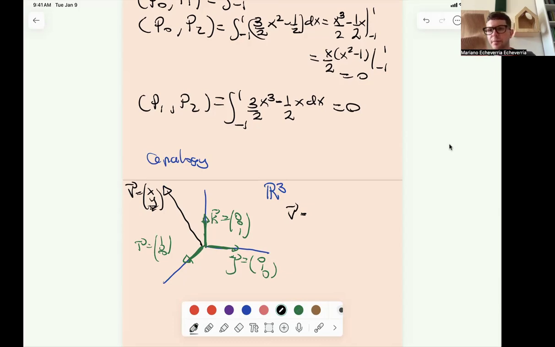In this case the linear combination is super clear because it's just X times I, plus Y times J, plus Z times K. So what this means is I, J, K are a basis of R3. Is that making sense?